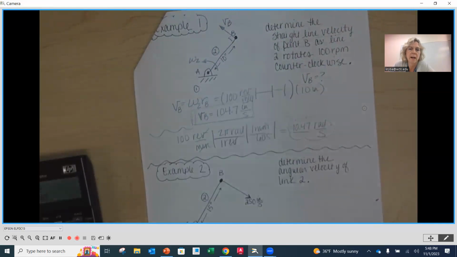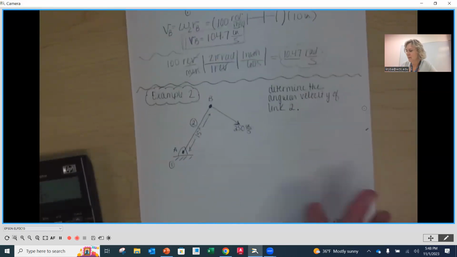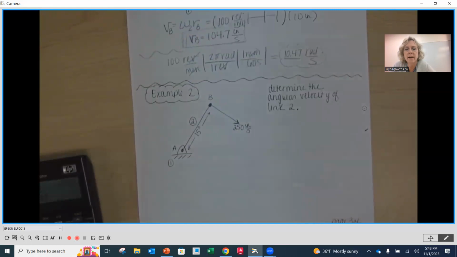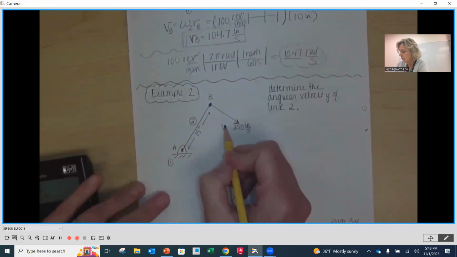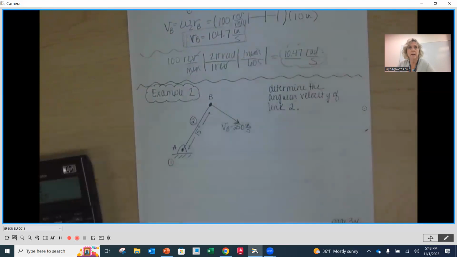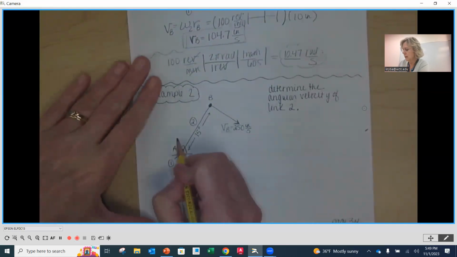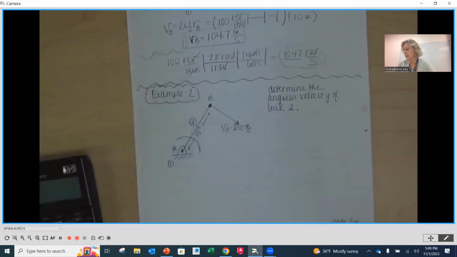Good. Any questions? These are fun, aren't they? Let's go in the opposite direction. Example number 2 says determine the angular velocity of link number 2. In this case, knowing the velocity of B, the straight line velocity of B this time. So we want to find out what the angular velocity is.